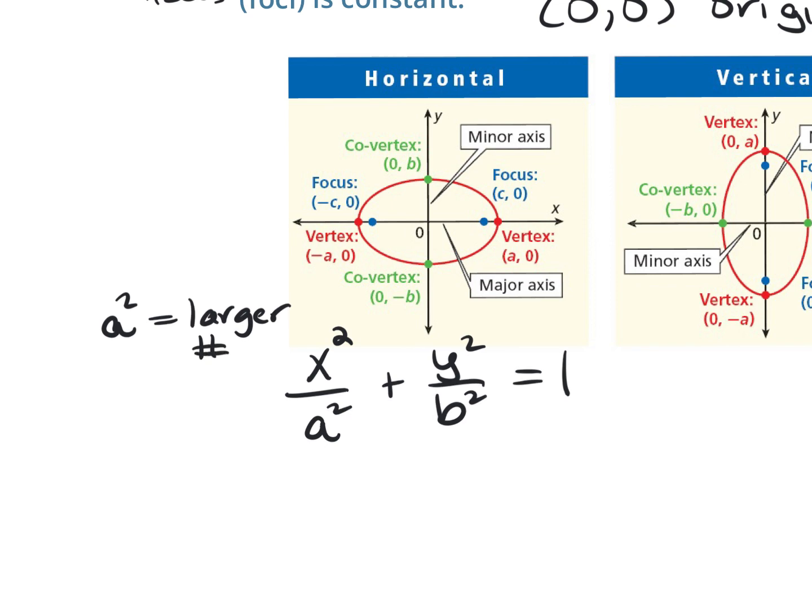Wherever a squared is located tells you where your major axis is, horizontal or vertical. Notice for this one, I put a squared under x squared, so my major axis is the x-axis, making this horizontal.